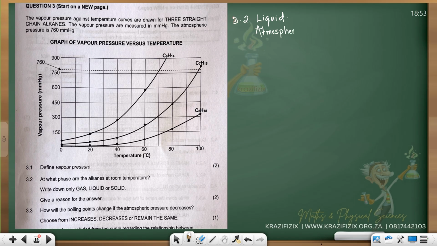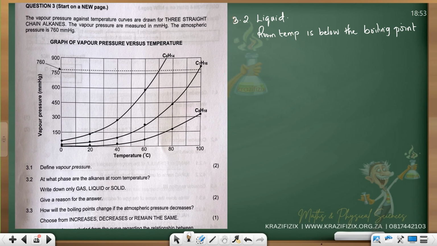No, not atmospheric, rather, room temperature is below the boiling point. Yep. It's below the boiling point.